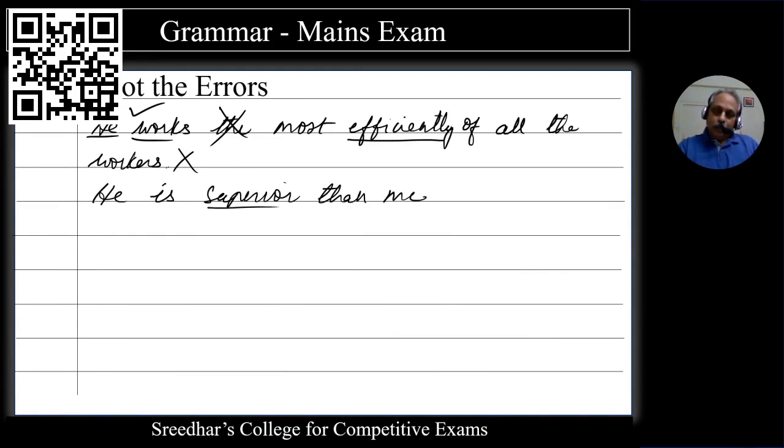The moment you see the word superior, you have to recollect comparative adjectives like anterior, posterior, superior, inferior, senior, junior, elder, prior, and the verb prefer. All these take the preposition to, not the word than. Then the sentence is not correct. He is superior than me is not correct. That's a common error. He is superior to me. That is correct.